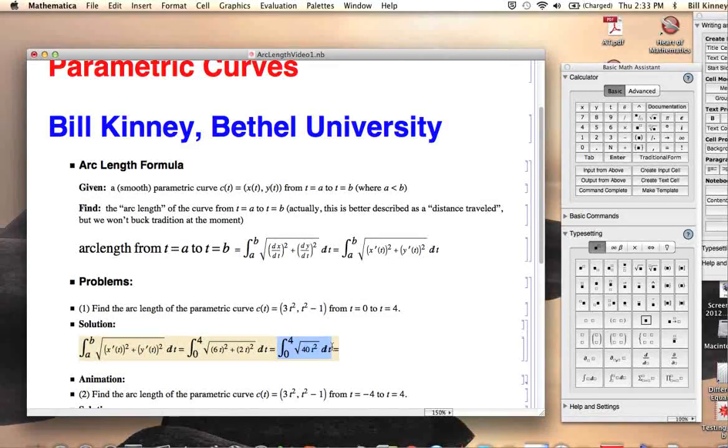What else can we do? Well, we can also separate out the square root of 40, put that out in front as a constant. I also can write 40 as 4 times 10, and the square root of 4 is 2, so ultimately that's a 2 times square root of 10 there. And I could then put a square root of t squared inside here.